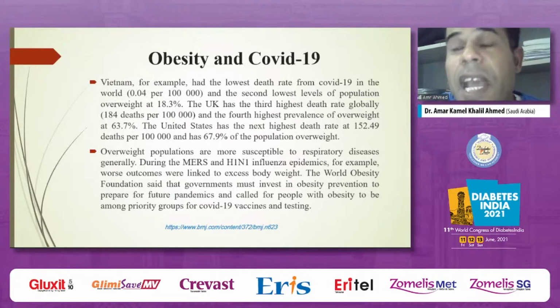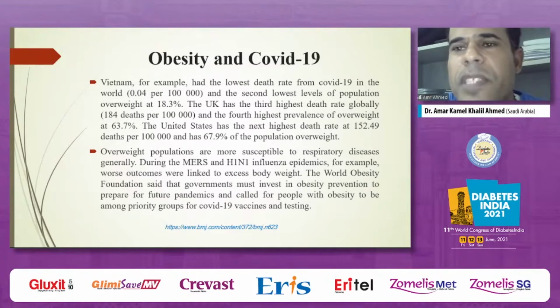Vietnam, for example, had the lowest death rate from COVID-19 in the world, 0.04 per 100,000, and the second lowest level of population overweight at 18.3%. The UK has the third highest death rate globally, 184 deaths per 100,000, and the fourth highest prevalence of overweight at 63.7%.